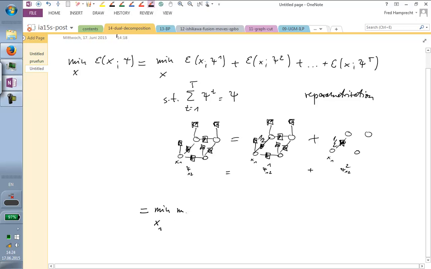So I want to minimize over x1 and over x2 and so on and over xt the same objective as above. Excuse me, I should use superscript, not subscripts here.